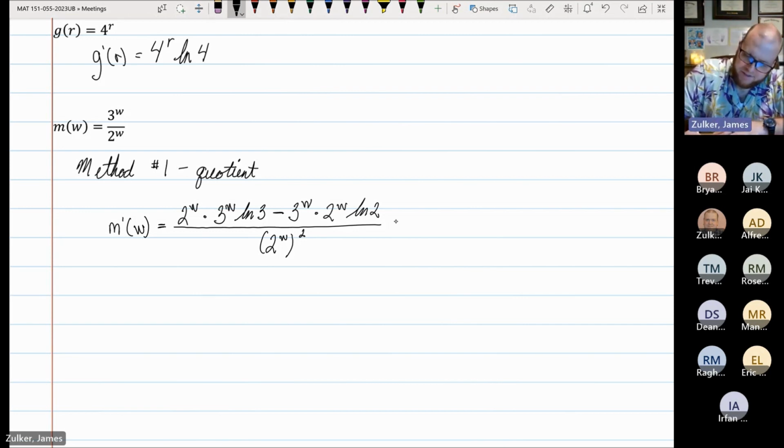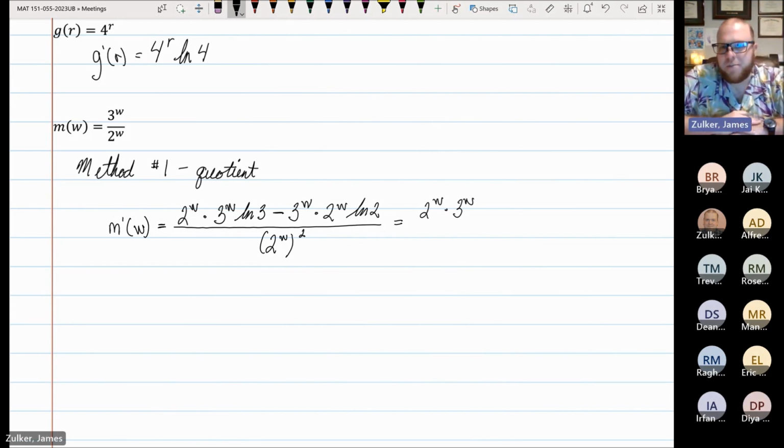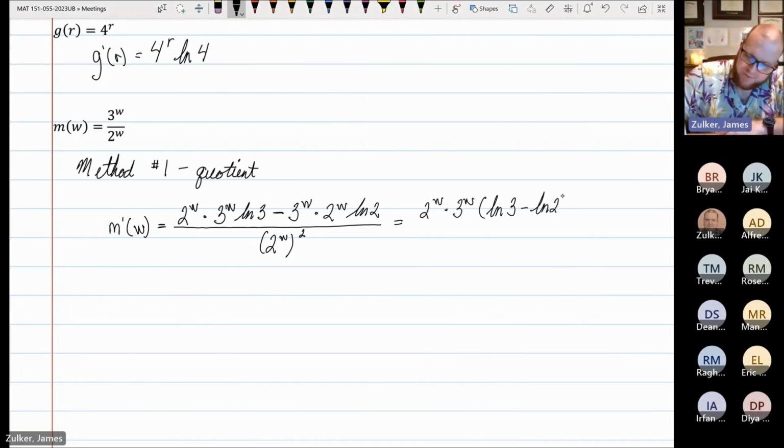Now let's simplify it. There's a 2 to the w times 3 to the w common. Let's factor it out. We would then be left with natural log of 3 minus natural log of 2.